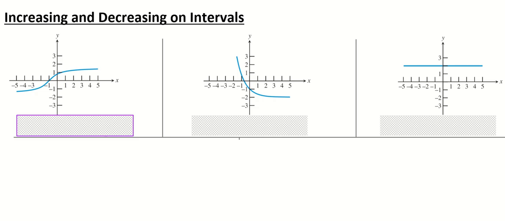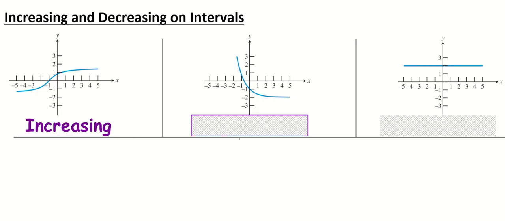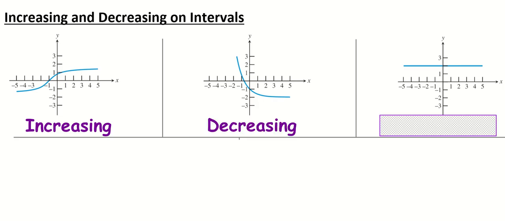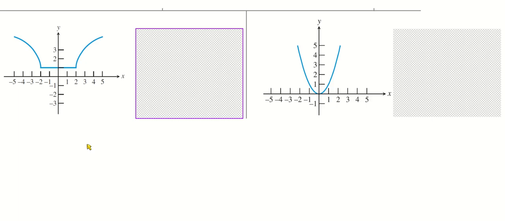In calculus, you're going to take it up a notch, but here, this is a function that's always increasing. On this function, it's constantly decreasing, and this is a good picture of a function that's constant. It's never going up, it's never going down as we head left to right.